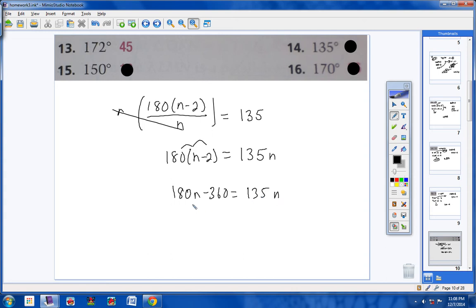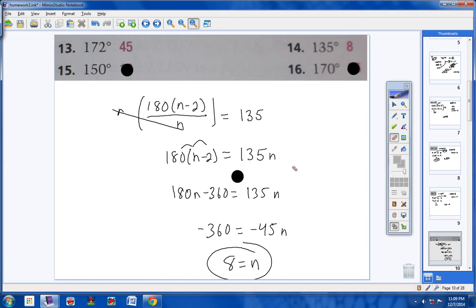Bring the 180 over, make it negative, and you're left with negative 360 equals negative 45n. So 360 divided by 45 will give you 8. Alright, so 8. The number of sides we have would be 8.